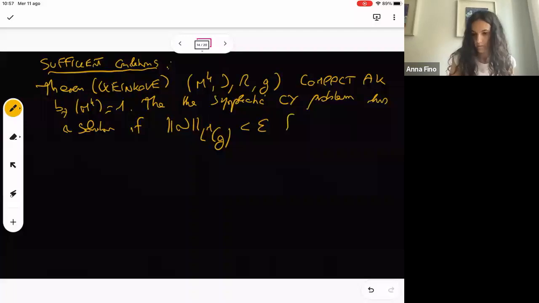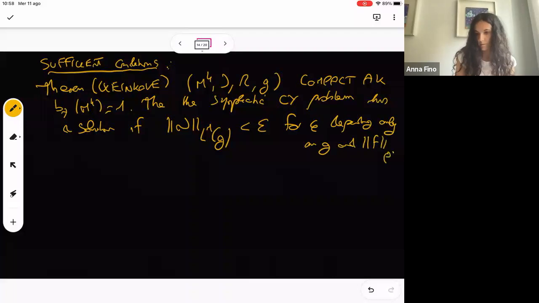For epsilon depending only on g and the C2 norm of f. C2 is always with respect to the metric g.